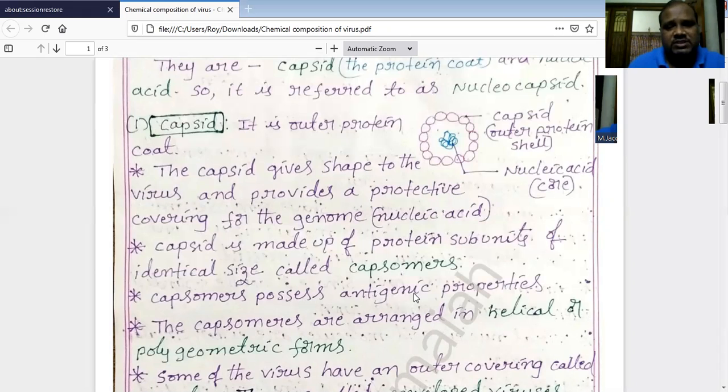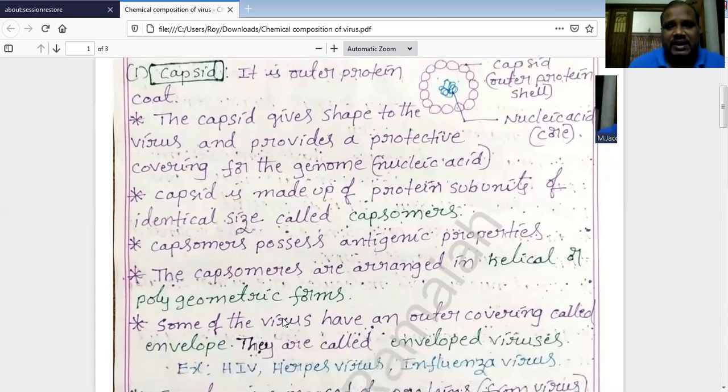Capsomeres possess antigenic properties. The capsomeres are arranged in helical or polygeometric forms.